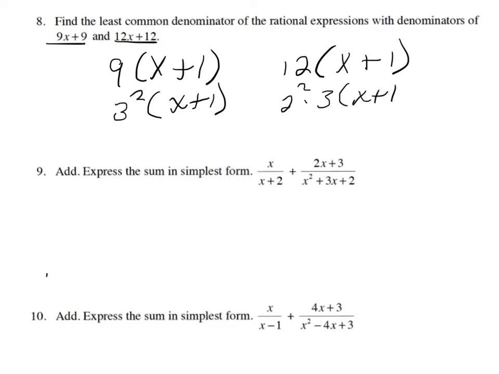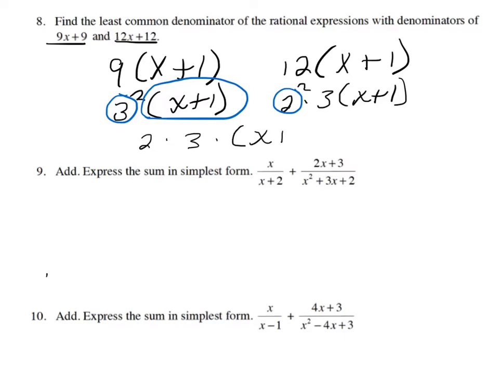Now, let's write down each of our different factors. I have a 3, I have a 2, and we have an x plus 1. So I'm going to put the 2 first, then the 3, and then the x plus 1. Now, let's compare.